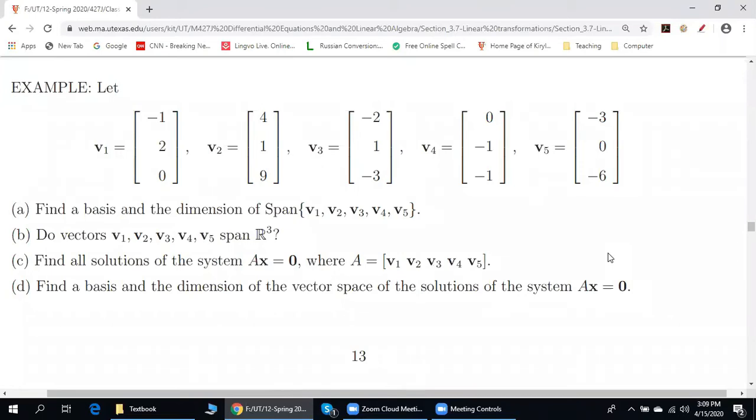So, the question was, why care about reduced echelon form?